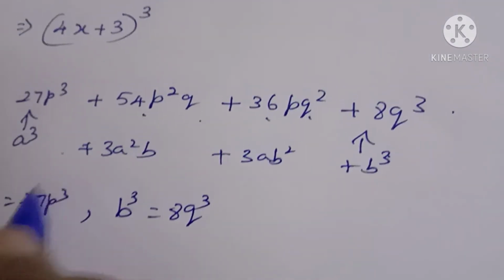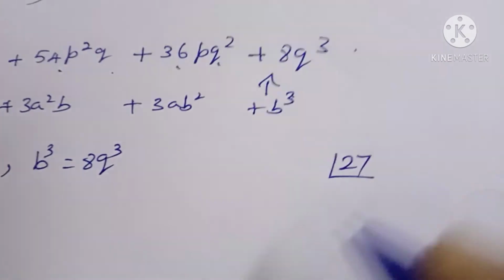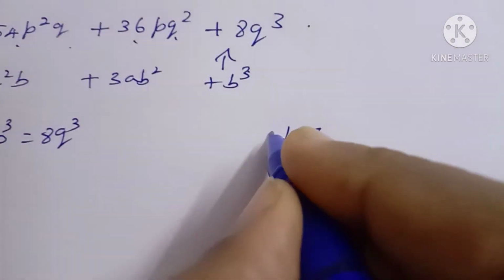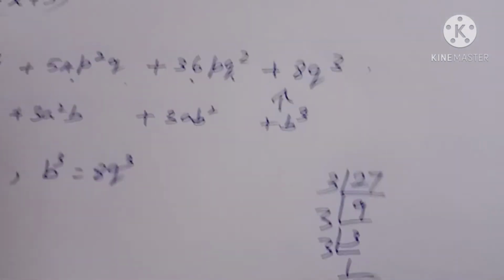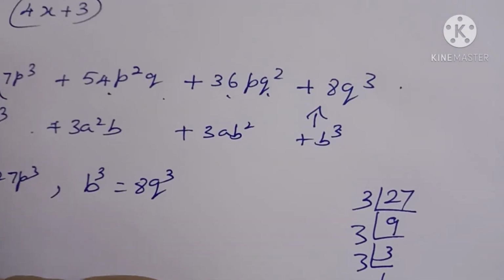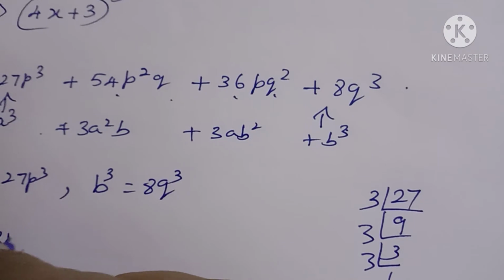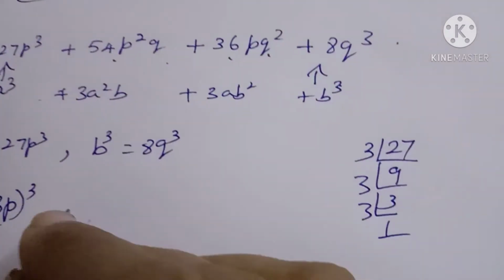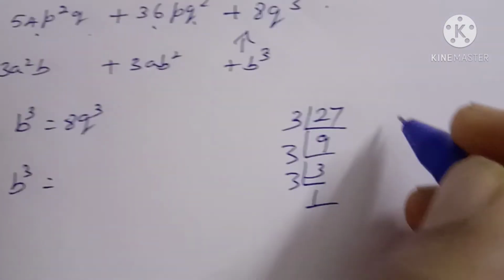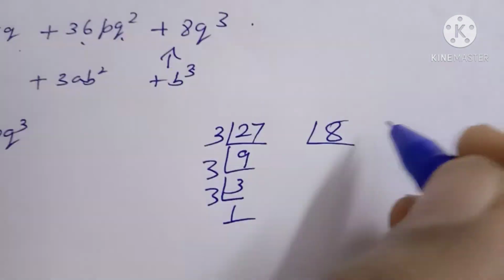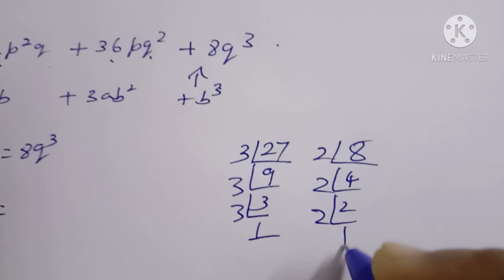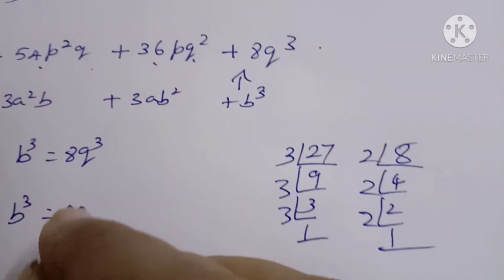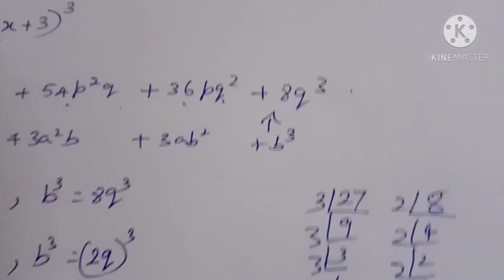Now, the 27 can be written in the form of perfect cube number. 3 9s are 27, 3 3s are 9, 3 1s are 3, which is equal to a cube is equal to 3p the whole power 3. And b cube is equal to, again 8 can be written in the form of perfect cube number. 2 4s are 8, 2 2s are 4, 2 1s are 2. Therefore, 2q the whole power 3.